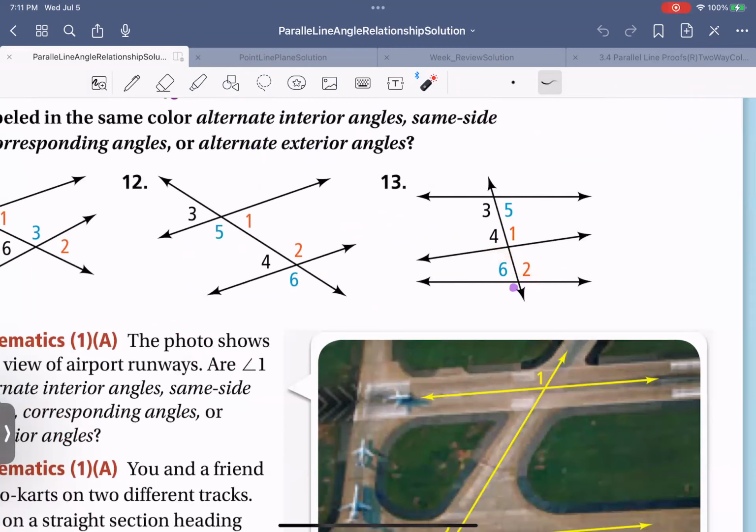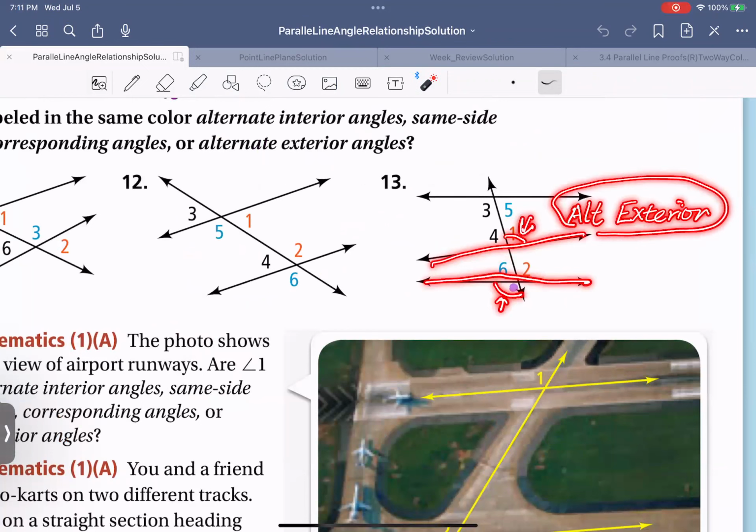But what will happen if you say this angle with this angle? You have these two lines. Number one is alternate. Number two, it is outside. So you call it alternate exterior. This is the time to write down the notes. This is called alternate exterior.